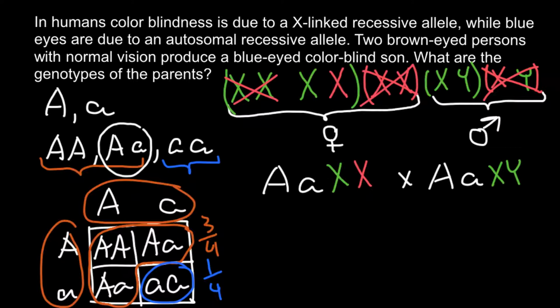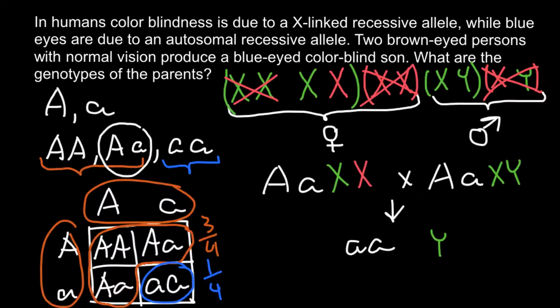But in the progeny, according to this Punnett square, there is a probability that their son would have the small a genotype, and of course any son from the father's side would get only the Y chromosome, because the male defines the sex of the progeny.